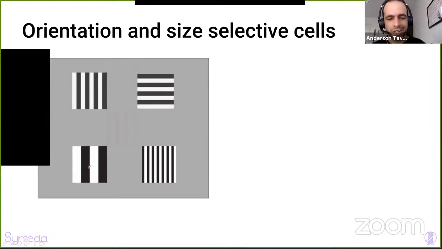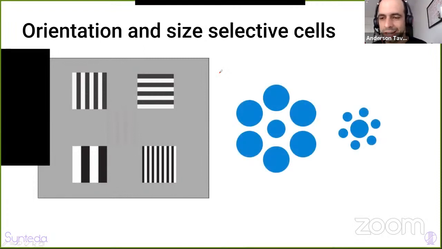But even if the pattern is at the same orientation but a different size, it won't cancel out the image. So it means that we have some size selective cells also, not only orientation, but also size.